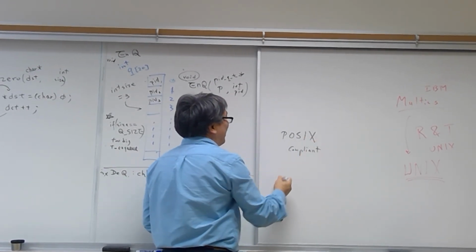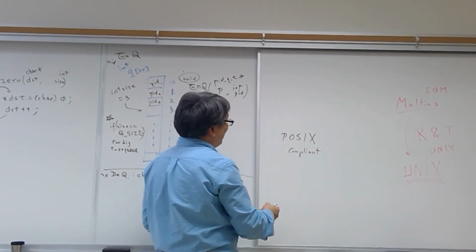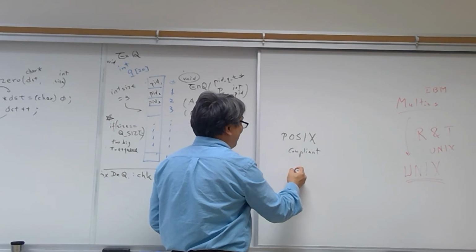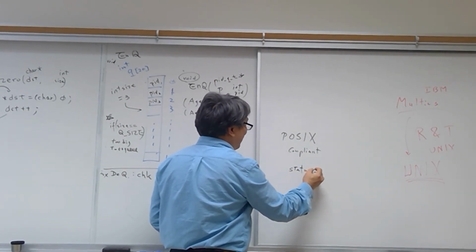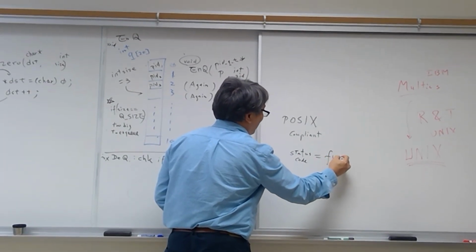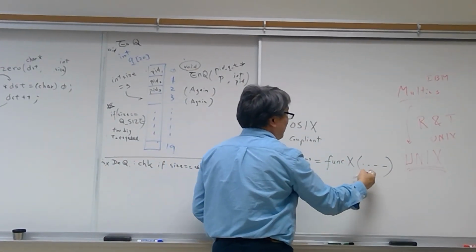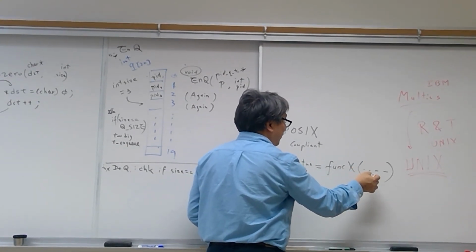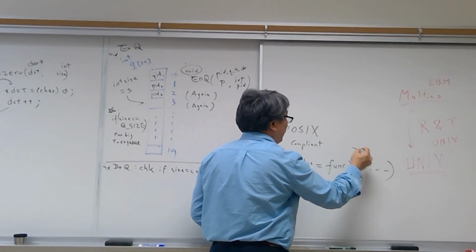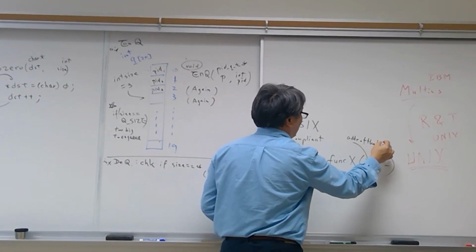So that's the early days. We know people had the enthusiasm to study operating systems. So for every function, the return is the status code, whatever function call that is. And whenever there is a need for something to be filled in, the address of that data structure is given.